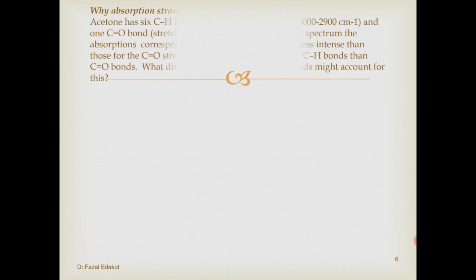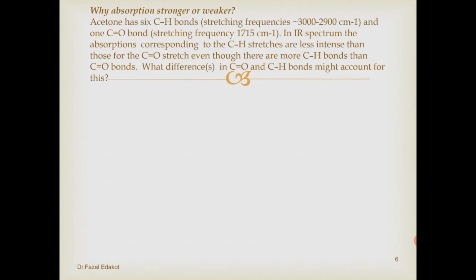So the question is, why are absorptions stronger or weaker? Let's take acetone. Imagine the structure of acetone. It has 6 CH bonds, both in the CH3 groups. The stretching frequency comes somewhere around 3000 to 2900 per centimeter.